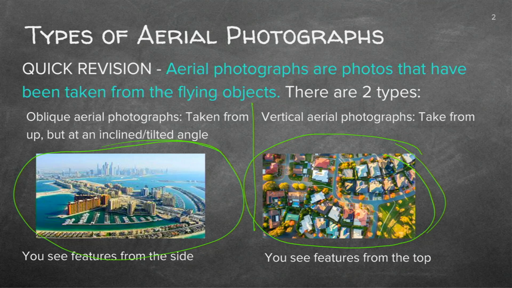The difference between oblique and vertical aerial photographs is that in oblique you see features from the side, while in vertical aerial photographs you see features from the very top. Everything in a vertical aerial photograph will be seen from the top, like you can see the roofs of all of these houses. So that is a vertical aerial photograph.